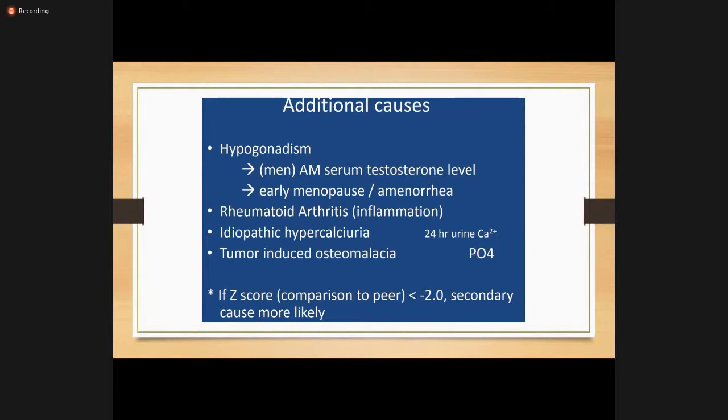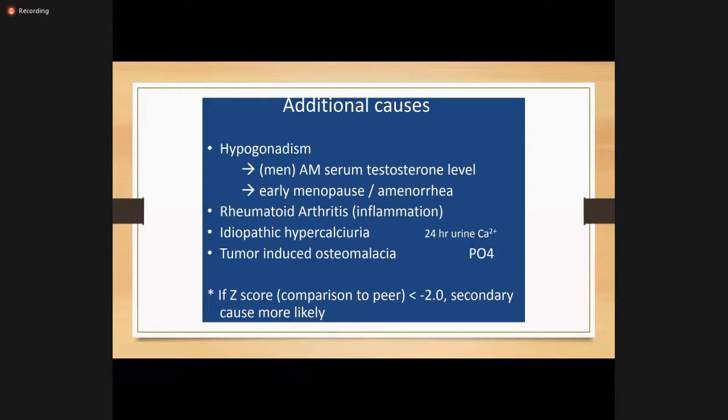The difference is that when you are treating primary osteoporosis, you have to treat the patient with, of course, calcium and vitamin D supplements, plus anti-resorptive or osteoblastic activity increasing drugs.